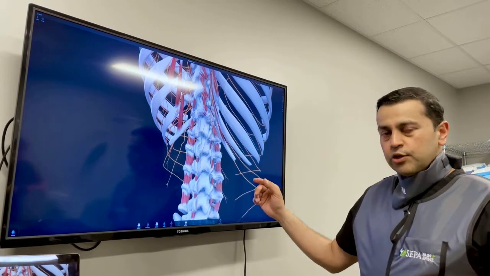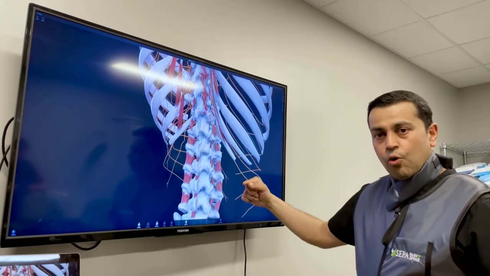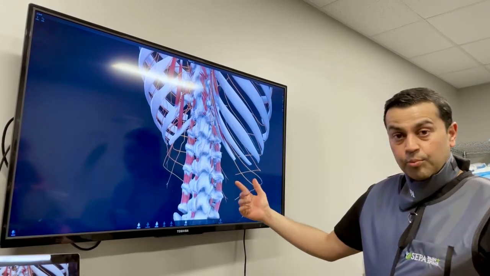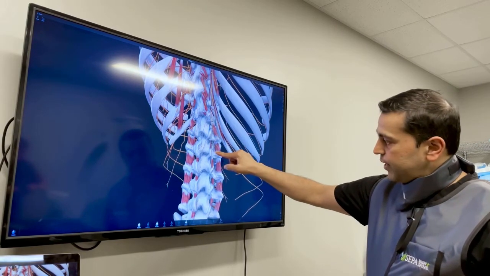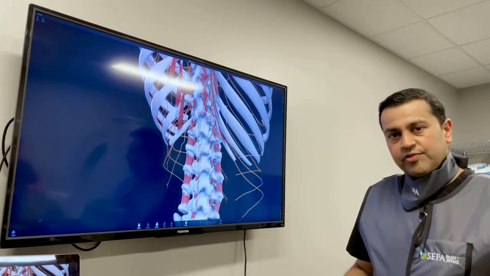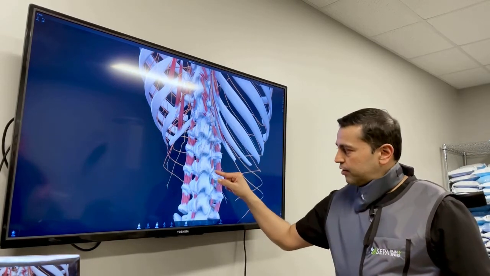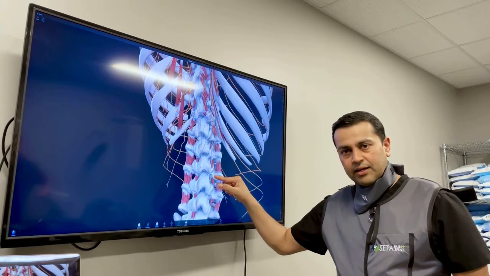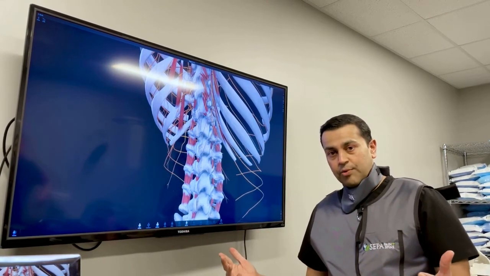So what we do is we can do facet injections where we go right into the joint, or we can do medial branch blocks. This nerve over here, this is called the medial branch nerve. That supplies the facet joint. If we block those nerves, we can block the pain impulses that are emanating from the facet joints. And then we can do what's called a rhizotomy, a medial branch rhizotomy.